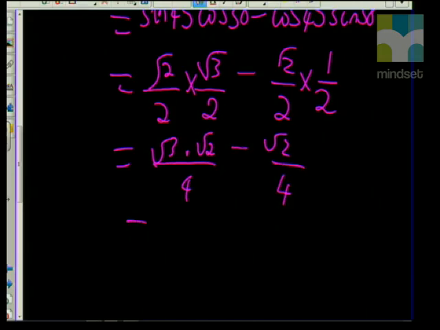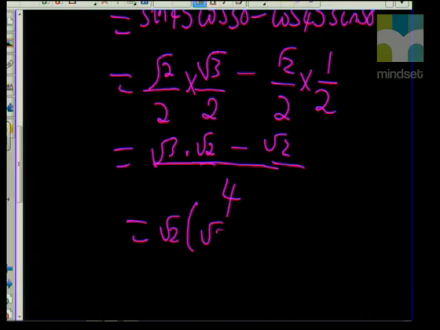So if you put it on one LCD, this gives us all over 4. Do you agree? Right? So now there's a common factor of root 2, so that is root 2 bracket root of 3 minus 1 all divided by 4.